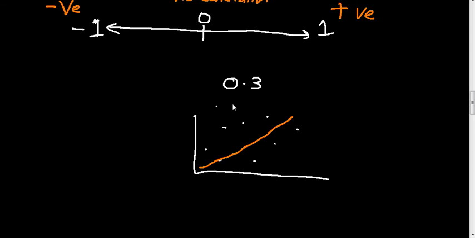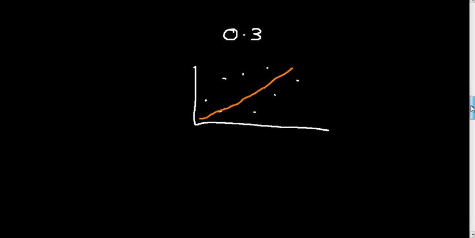Now we'll look at how we could calculate this PMCC value. To do that, we need to be given precise x and y coordinate values of the scatter graph. So that's my x values and that's my y values.